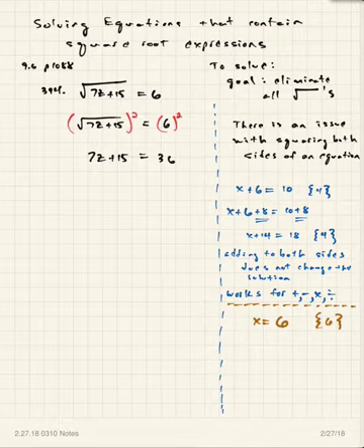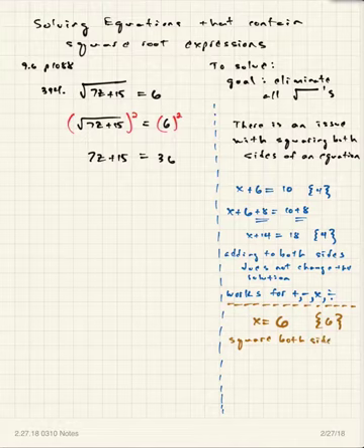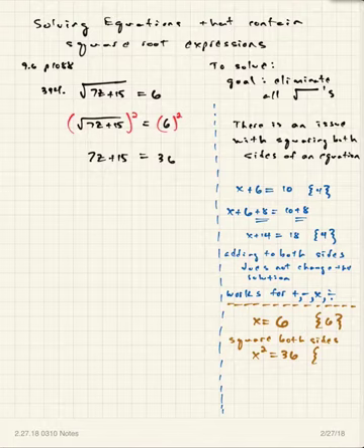Now I'm going to square both sides. And so when I square both sides, I get x squared equals 36. And the problem with x squared equals 36, when I squared both sides of the equation, is that the solution set is now different. 6 is still a solution to that equation, but negative 6 is also a solution.